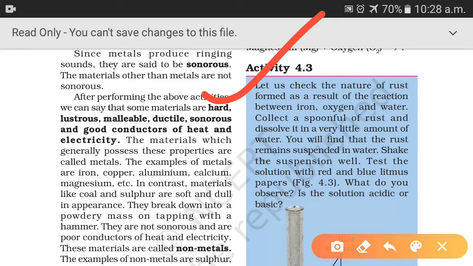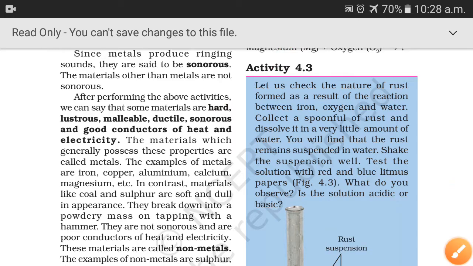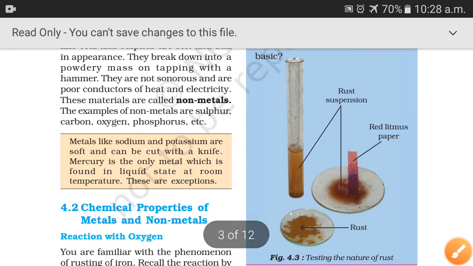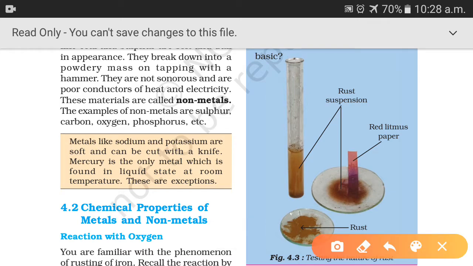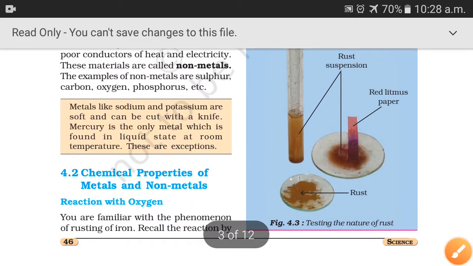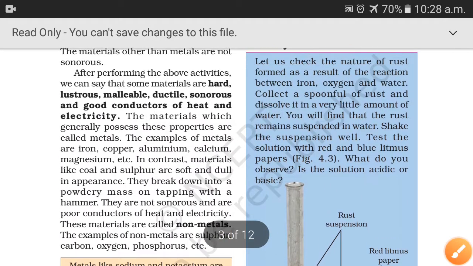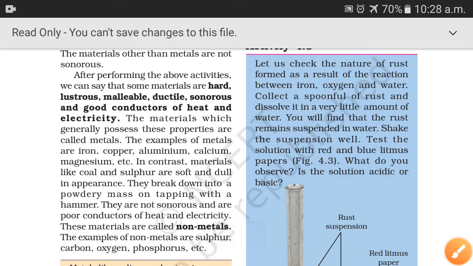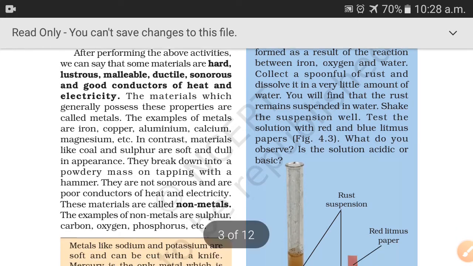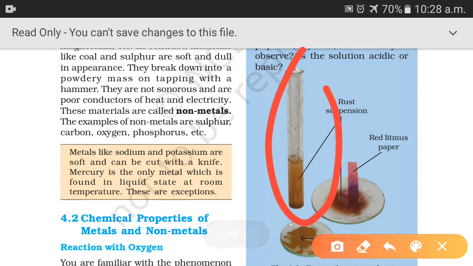Students, what you have to do here is collect a spoonful of rust. Here you can see in this diagram, this is rust. One spoonful of rust you have collected here, and you have dissolved this rust in very little amount of water in this test tube.